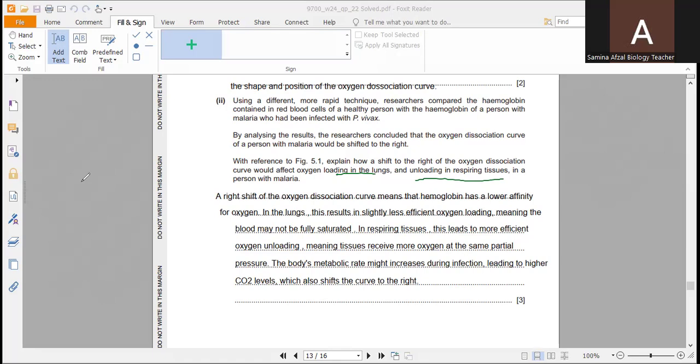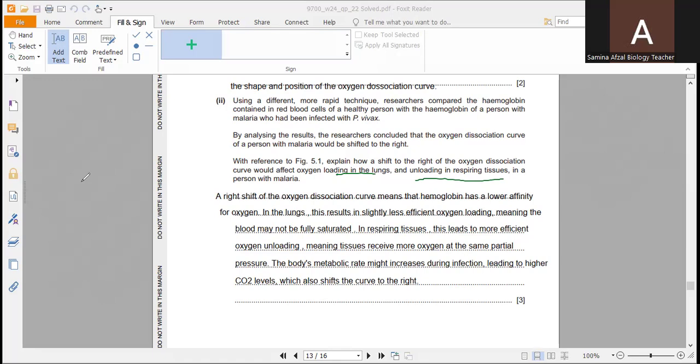So if we see that in the lungs, the partial pressure of oxygen is high, however, with the right shifted curve, hemoglobin in a person with malaria will have a slightly lower saturation at the same high partial pressure compared to a healthy person. Definitely in a healthy person, the oxygen saturation will be high in comparison to a person with malaria.